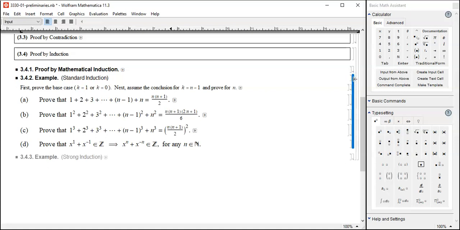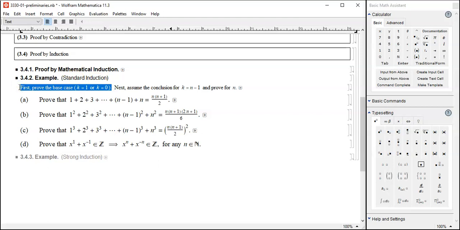Mathematical induction goes kind of like this. First, we have to prove the base case, either k equals 0 or k equals 1. If you have a statement that works for arbitrary positive integers, excuse me, did I say positive real numbers?